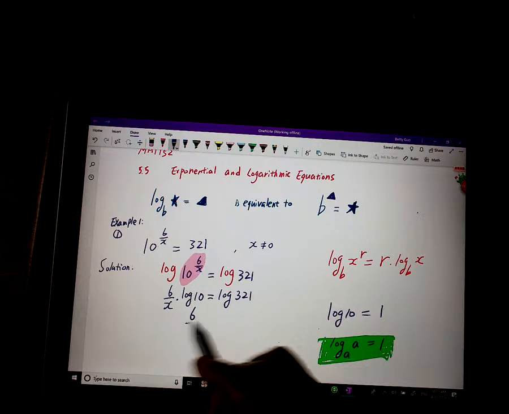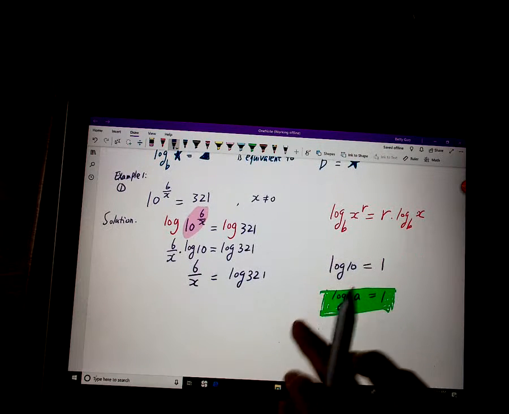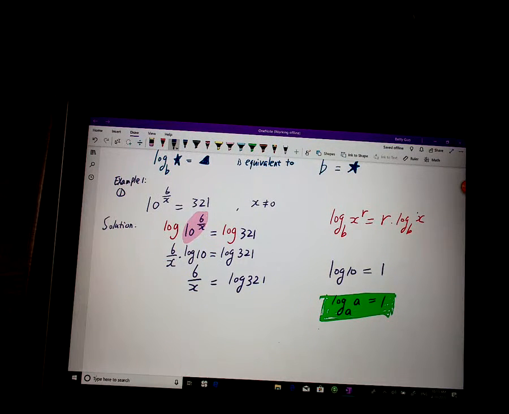And we would have 6 over x times 1 equals log 321. This is a rational equation because the variable x is in the denominator. How do we solve that for x? There are different methods.